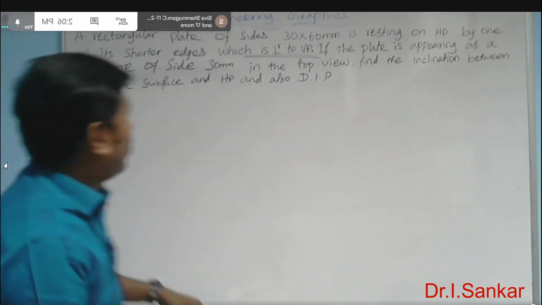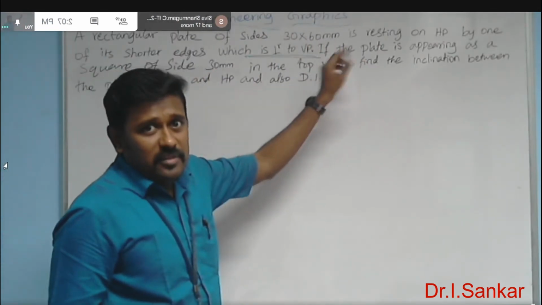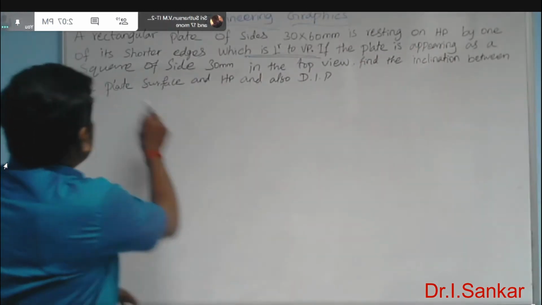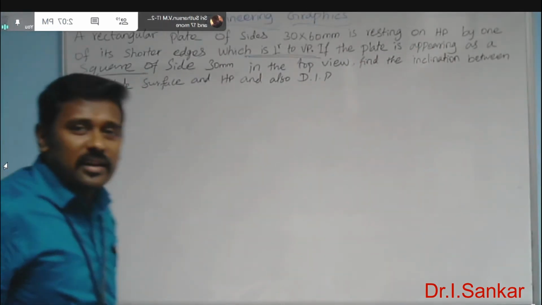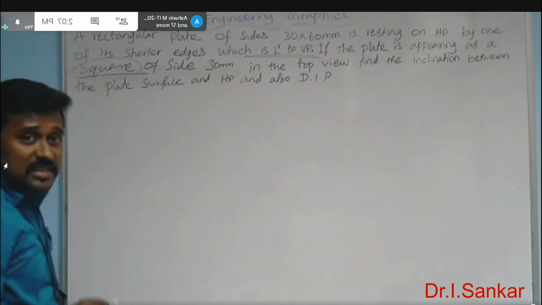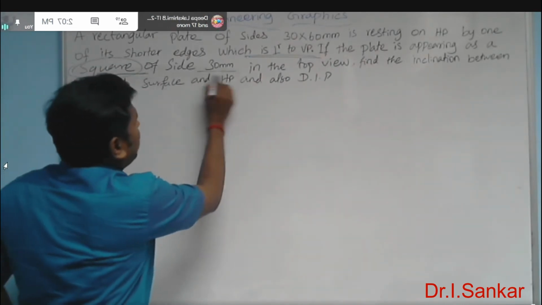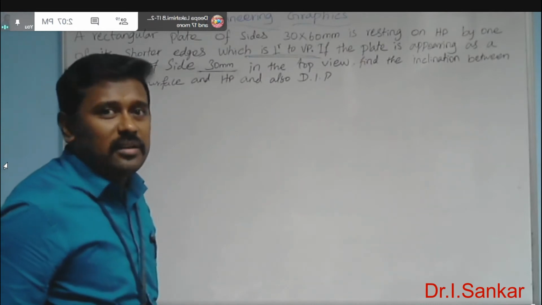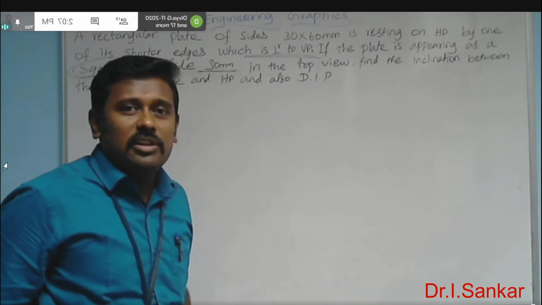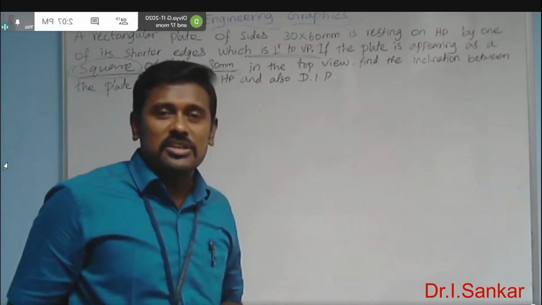Further, the condition is that the plate is appearing as a square. Actually it is a rectangular plate, but how is it appearing as a square of side 30 mm? And you have to find the inclination between the HP and the plate, and draw the projections of the object.